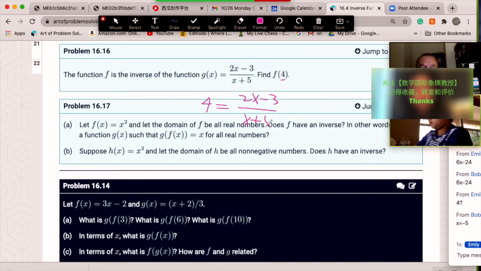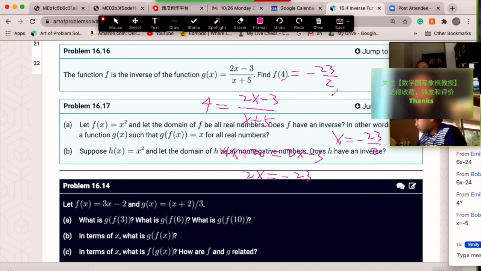You solve this. Now let's do this. 4x plus 20 equals 2x minus 3. So then we get 2x equals negative 23. So that means x equals negative 23 over 2. So this one equals negative 23 over 2.